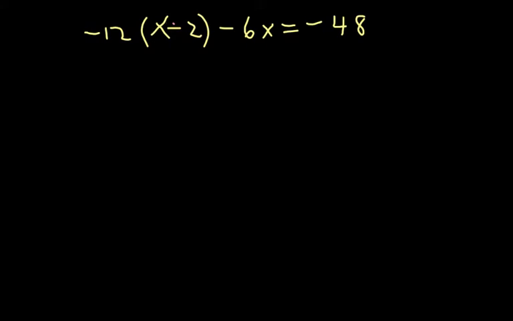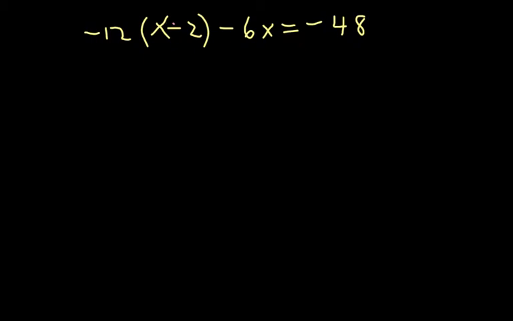If we have the problem negative 12 times the quantity x minus 2 minus 6x equals negative 48, we have a couple steps to undo before we can figure out what these x's are. So we're going to, first of all, change the subtraction to add the opposite.